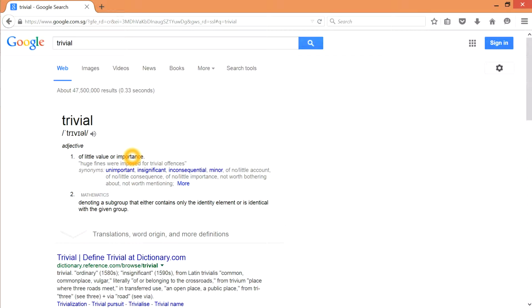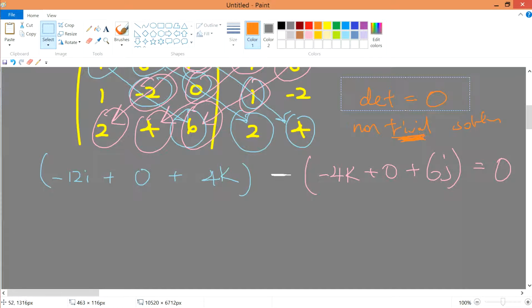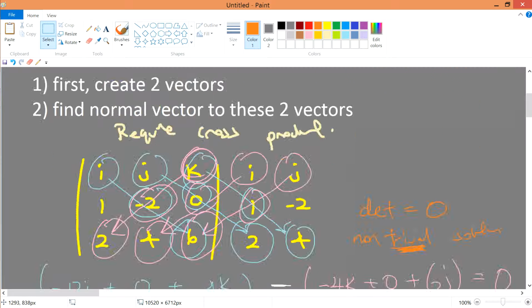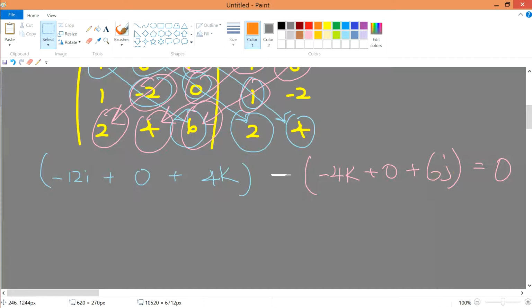That means you can ignore it, but if it's a non-trivial system, this means that it's very important. So determinant equals to 0 means that you're talking about a solution that is pretty much unique. Unique means you only have one special solution, that's it. So this is the meaning of determinant equals to 0.